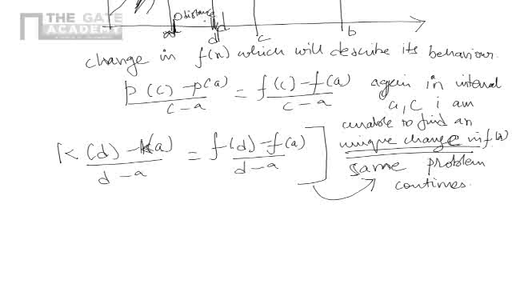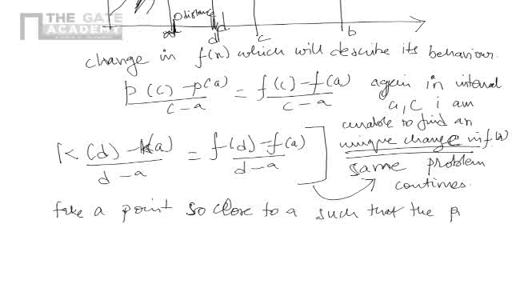Take a point so close to A, such that the point converges to A. Now, when I take a point so close to A, we cannot plot any other function like this, and the game stops there.